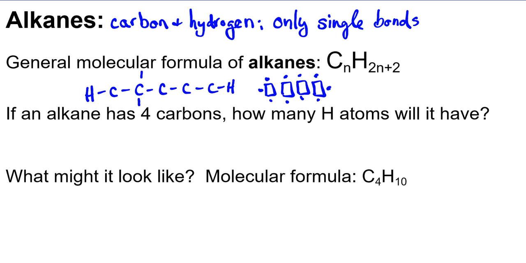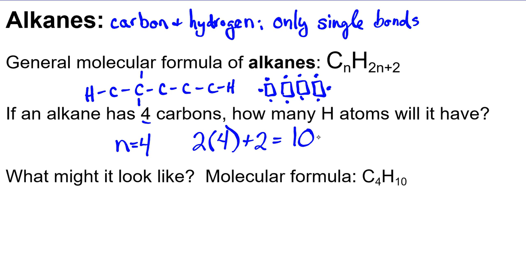We can take a look, put this together. If I have 4 carbons, well, that means my N value is 4. And I can use this piece of my alkane general molecular formula and say, well, I'm going to have this many hydrogens. Instead of N, I'm going to put in 4, so 2N plus 2 gives 8 plus 2 is 10.